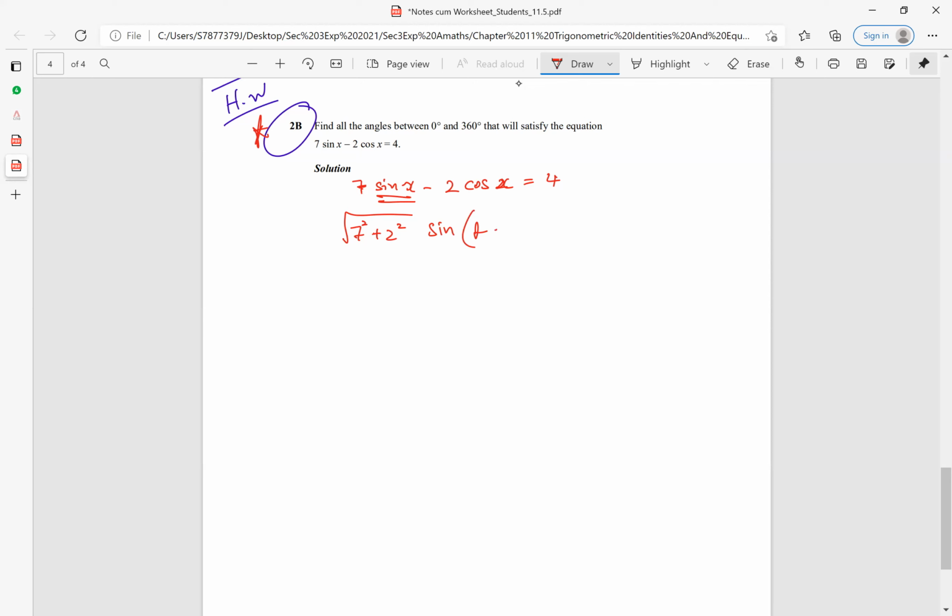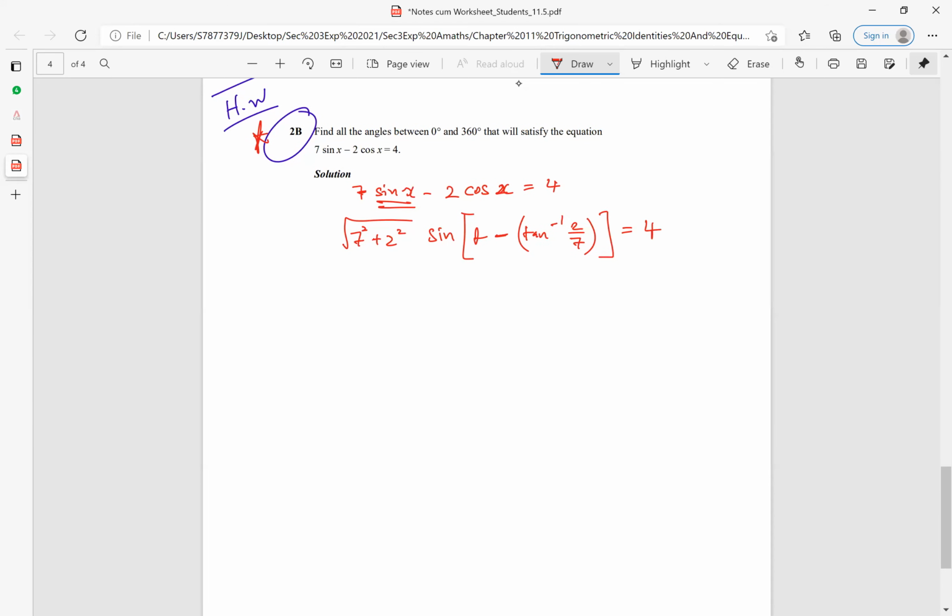I'm just going to do this all in one go. So tangent inverse 2 over 7 is your alpha, equal to 4.